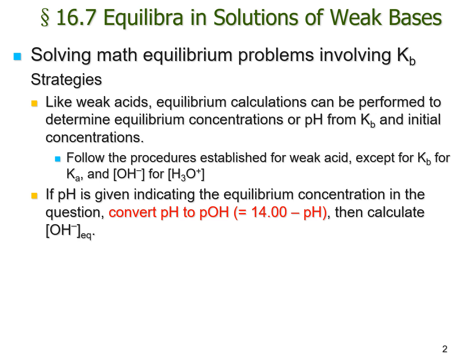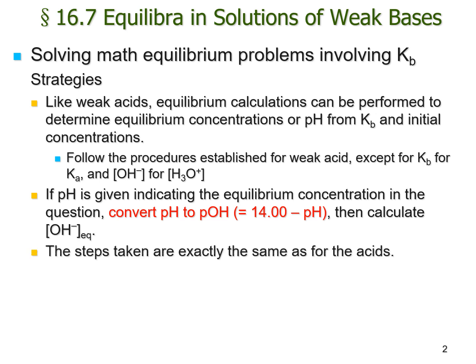So we need one more step to get OH minus, not hydronium anymore. The rest of the steps will be exactly the same as those for acids. Okay. So this is basically the strategy, how we're going to switch Ka with the Kb, hydronium with the OH minus, pH with the pOH.